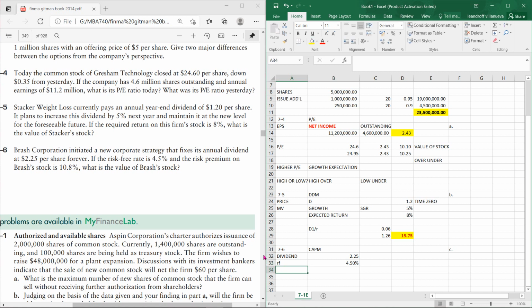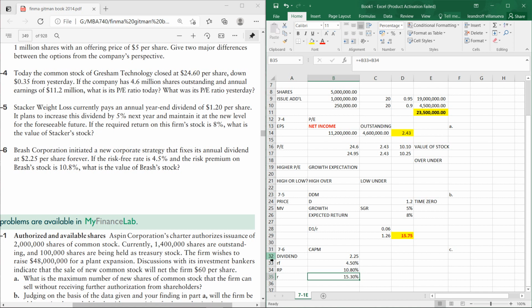Then, risk premium is 10.8%. So, ilan ang expected return? Ang expected return natin R is equal to 4.5 plus 10.8. So, you have 15.3% as your expected return.